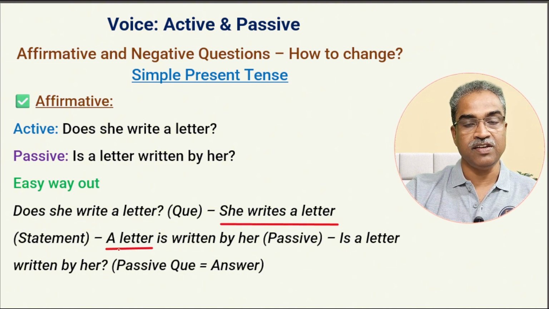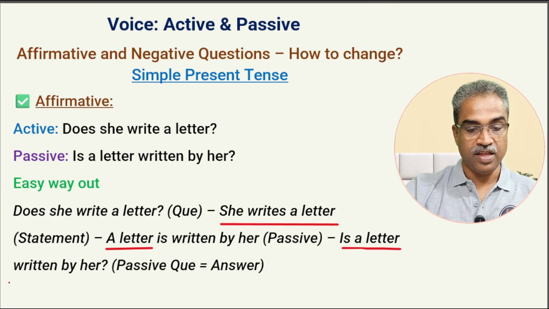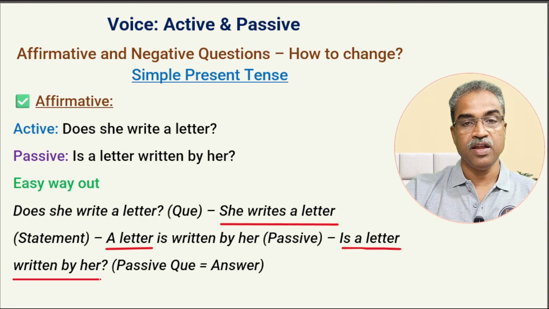Is it, is he, are they? So, is a letter. Is a letter written by her? So this is the question. Is a letter written by her? And when you get this question, you got the answer. Passive voice of the first one. Does she write a letter? Is a letter written by her?